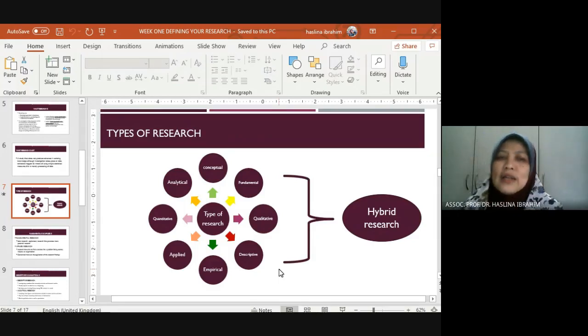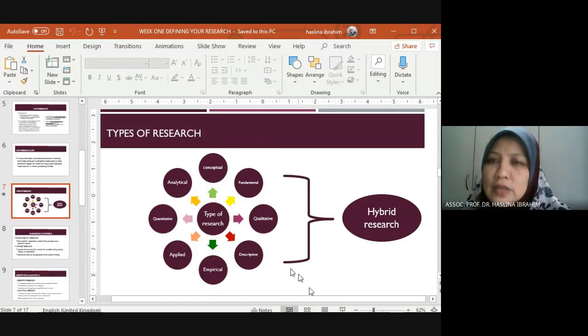All right. And of course, the most ideal form of research is the research that is hybrid, a combination of two, three, four, in fact, all the types of research. Masya Allah, our lecturers in human sciences, I admire them. Most of them or some of them manage to adopt all these types in their research.